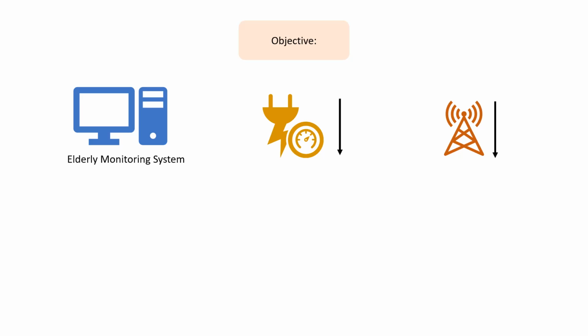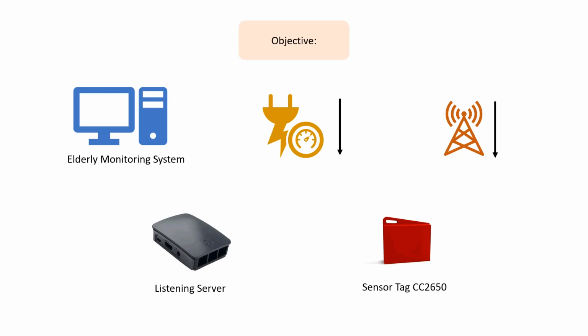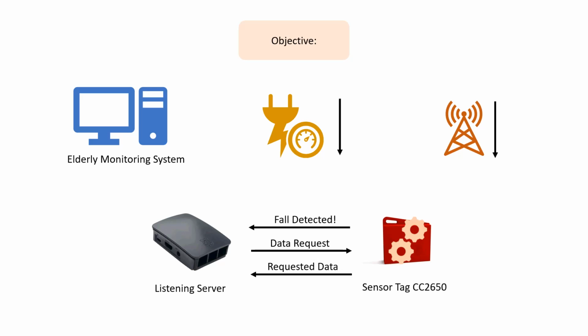This is done by moving the necessary algorithm from the listening server to the sensor tag devices. The sensor tag will only send data when requested by the listening server or when a fall is detected.